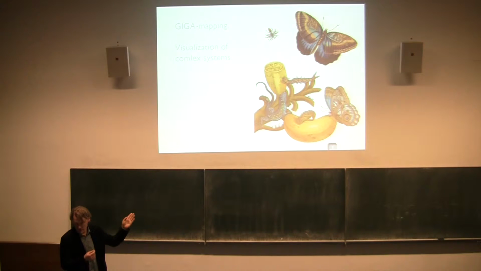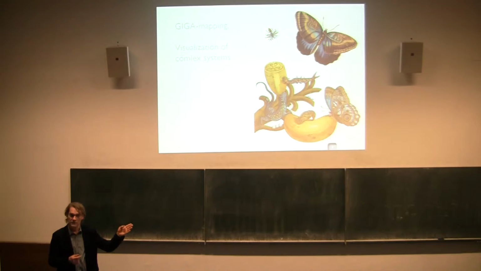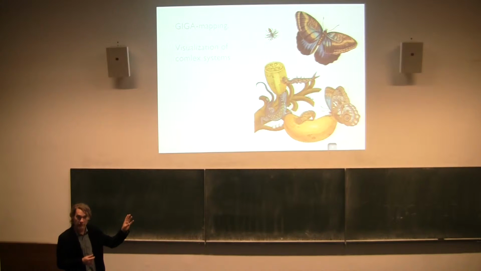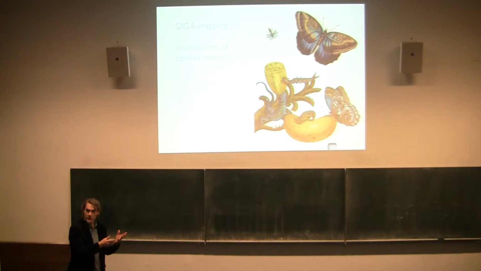This might be an example of a system. I think it's a butterfly which lays eggs in a banana-like fruit, and then there's the lizard eating the larvae, and then some of the larvae are not eaten, and then the butterfly flies up, something like that. Anyway, it can be recognized as a cycle and as a system, perhaps.